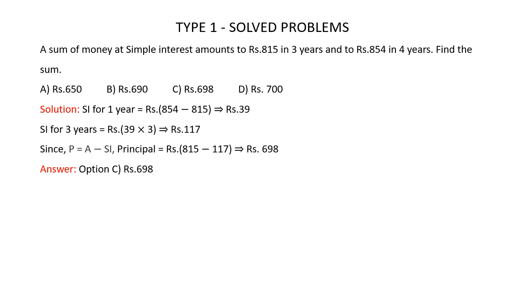Now substituting the values of amount and simple interest in the formula here, we get the principal is rupees 815 minus rupees 117, which is nothing but rupees 698. So the principal is rupees 698. The correct answer is option C, rupees 698.